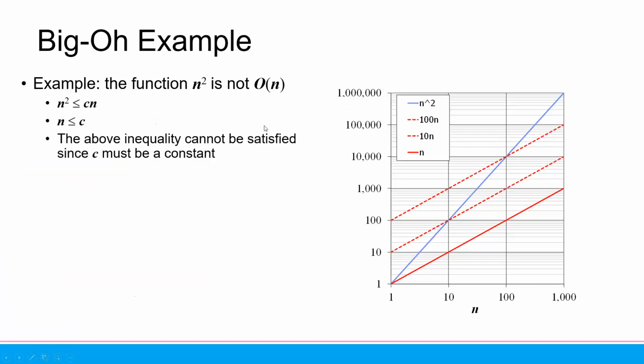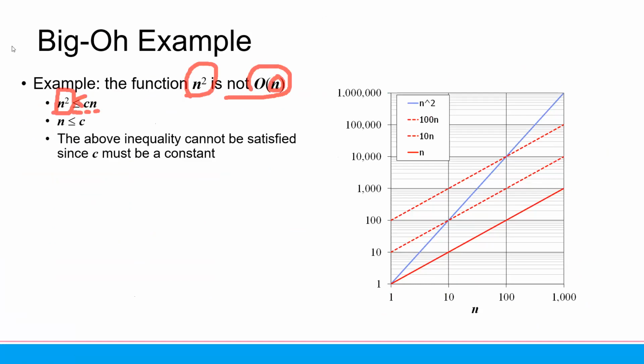What about this one? The function n power of 2 is not O(n). N power of 2, okay, in the left part, we want to check whether it is less than or equal to the constant multiplied by n, because in O(n) the function is n.